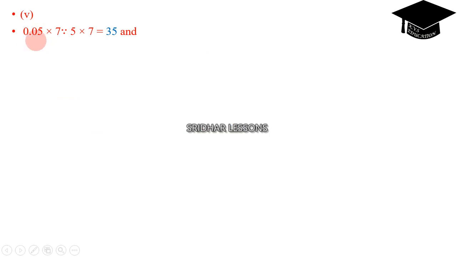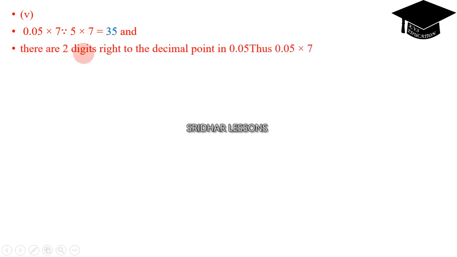Next, 0.05 into 7. We know 7 into 5 or 5 into 7 is equal to 35. And here we have two digits right to the decimal point in 0.05. So 0.05 into 7 is equal to, tell me, 0.35, because there are two digits right to the decimal point.